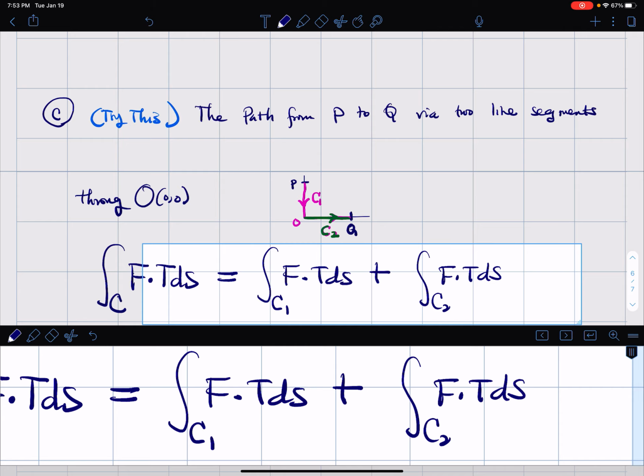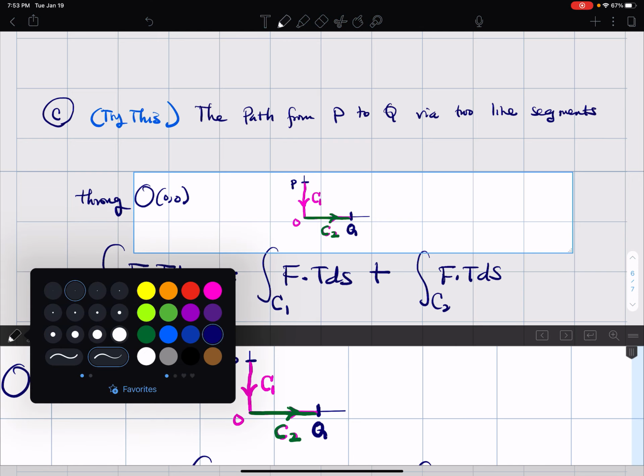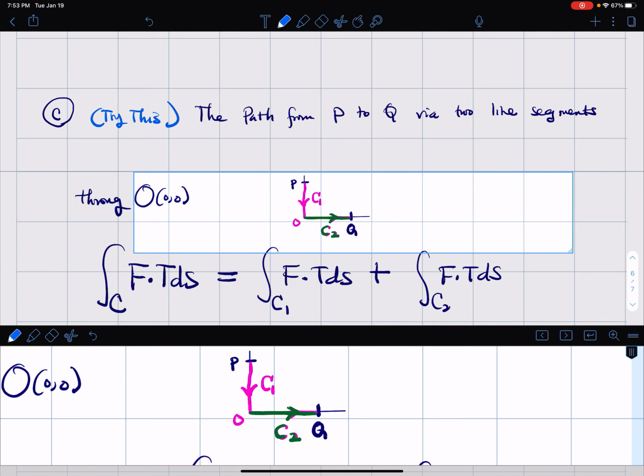So why are we doing this? We're doing it because the path from P to Q along the y-axis and x-axis is not smooth. There is an edge here, and you don't pass through an edge.